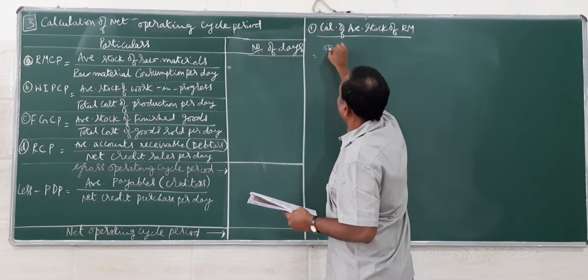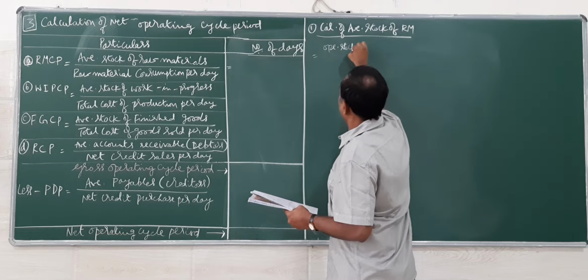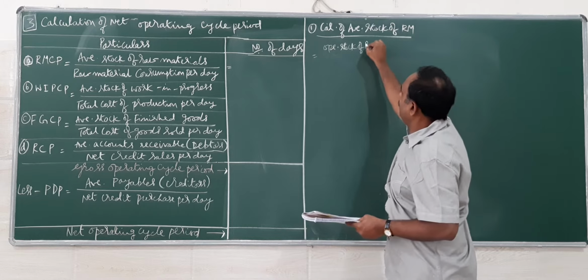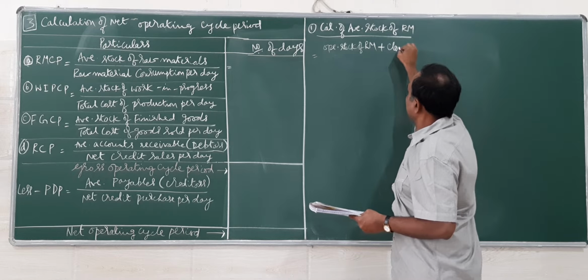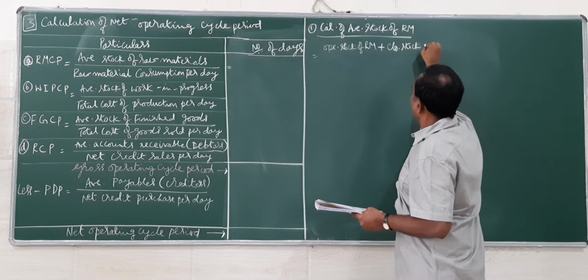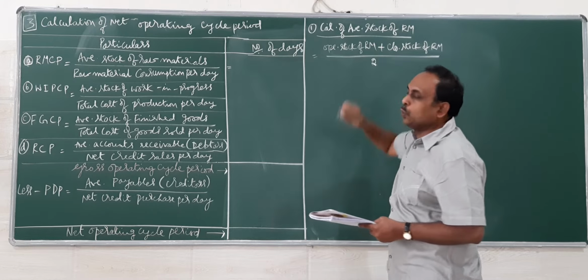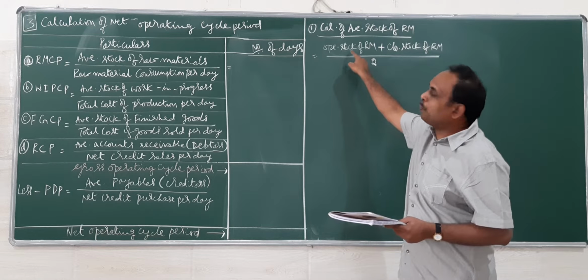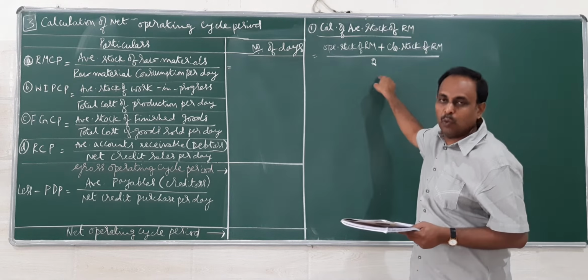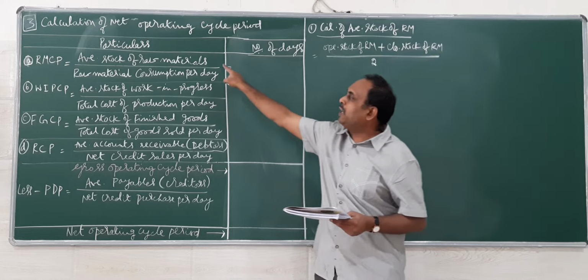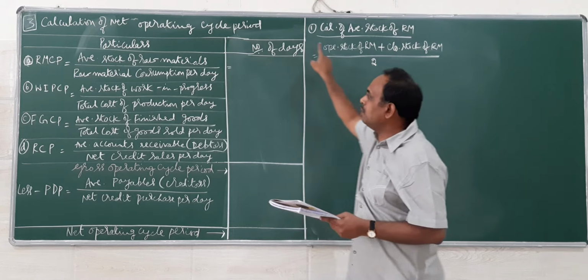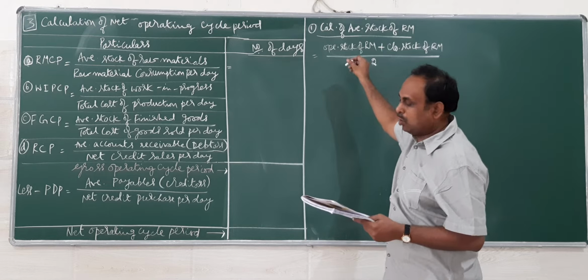For this we take opening stock of raw material plus closing stock of raw material divided by 2. When we do opening plus closing divided by 2 of any stock, we are going to get an average. So I am taking here average stock of raw material.